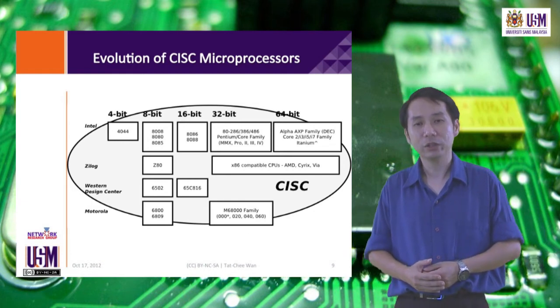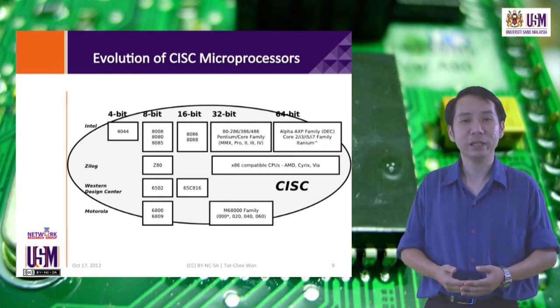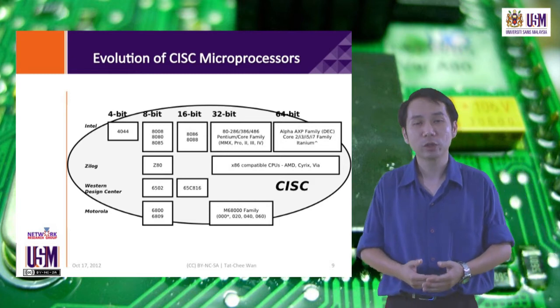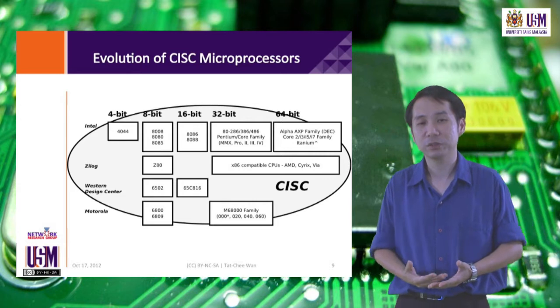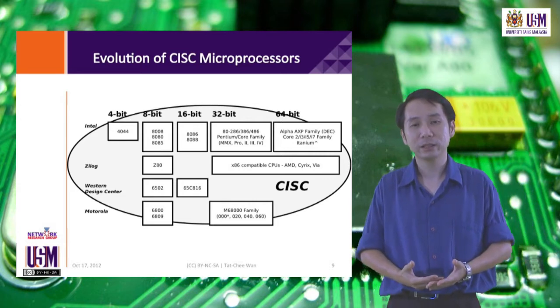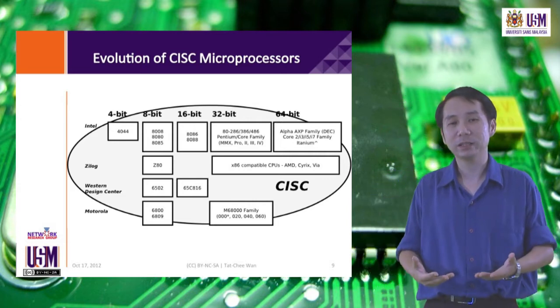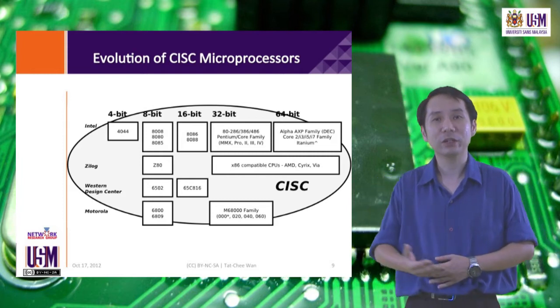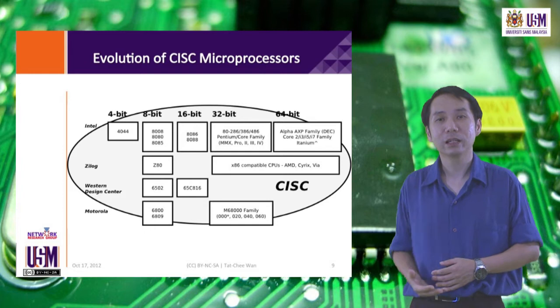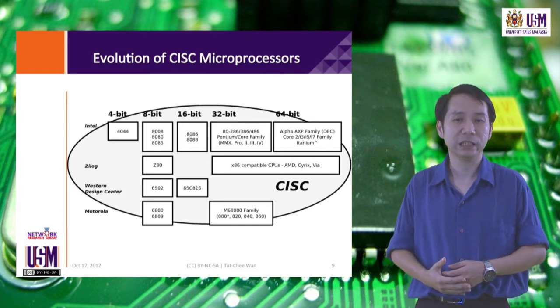At the same time, we also have other companies that developed 8-bit microprocessors during the golden era of microprocessors, of personal computers. The first one that is most popular is from Western Digital, which came out with the 6502, and it was found in the Apple II and other personal computers of its era.